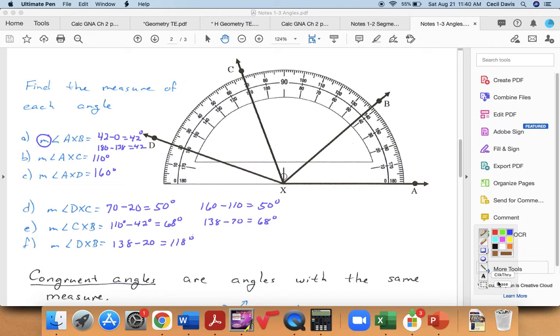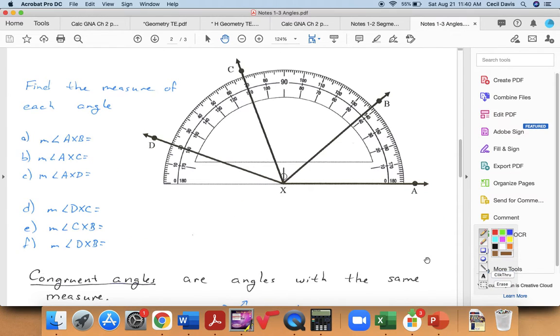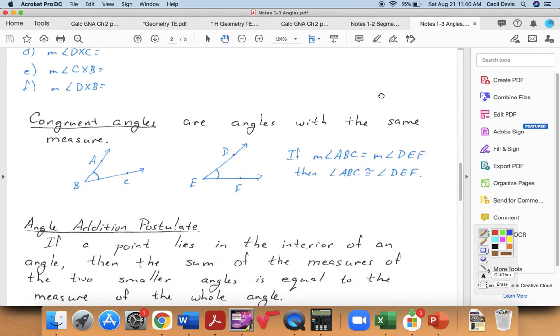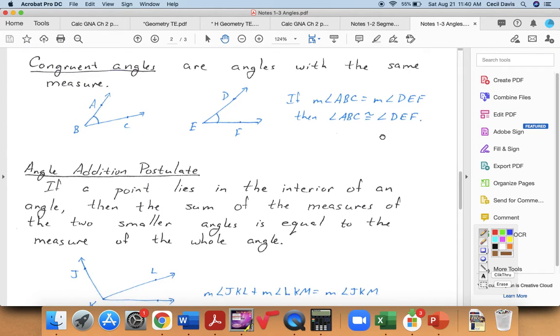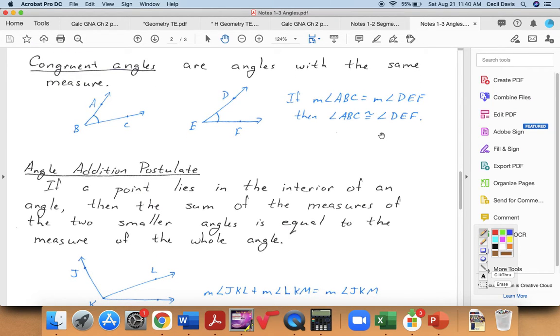Now, we had congruent segments. We will also have congruent angles. Remember that congruent objects are objects that are the same size and the same shape. So, congruent angles are just angles that have the same measure. So, if these two angles have the same measure, then the two angles are congruent. Again, remember, objects are congruent.